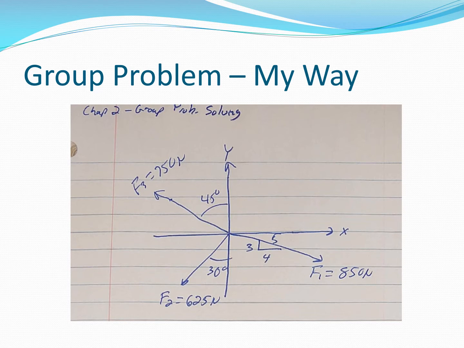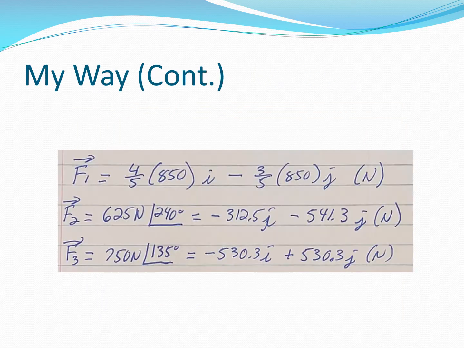If you use the method that I'm prescribing, you don't have to remember positive and negative values. For this one, since they gave me the 3, 4, 5 right triangle, I would use that for F1. I wouldn't go and try to find the angle.